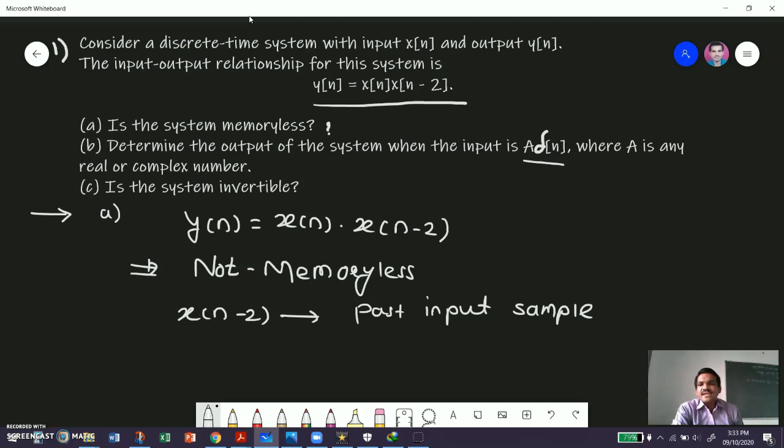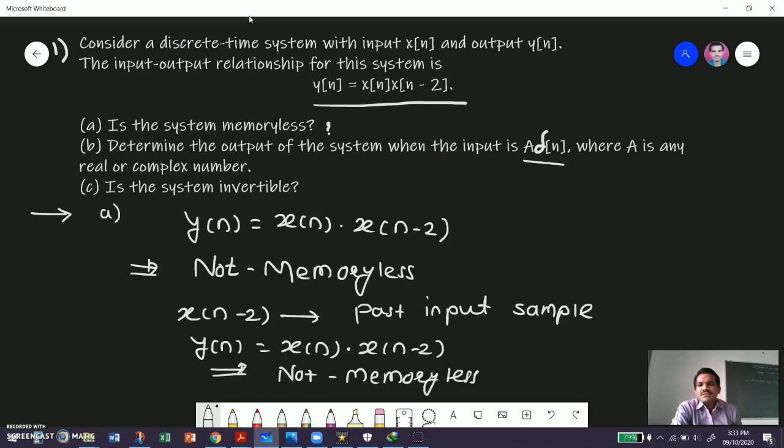But in this case, the output y of n is the present sample x of n multiplied by the past sample x of n minus 2. So we can say that the system is not memoryless, or the system is dynamic.